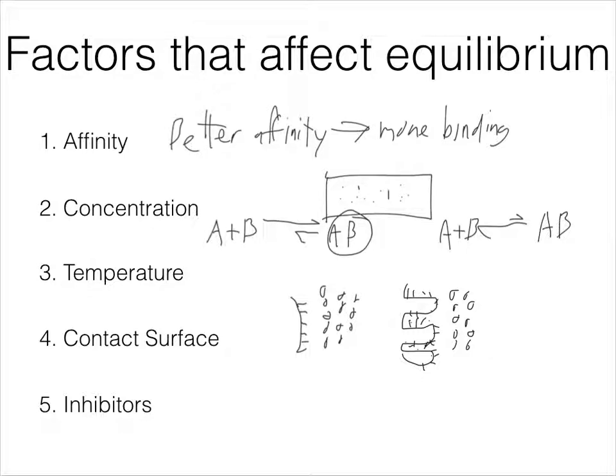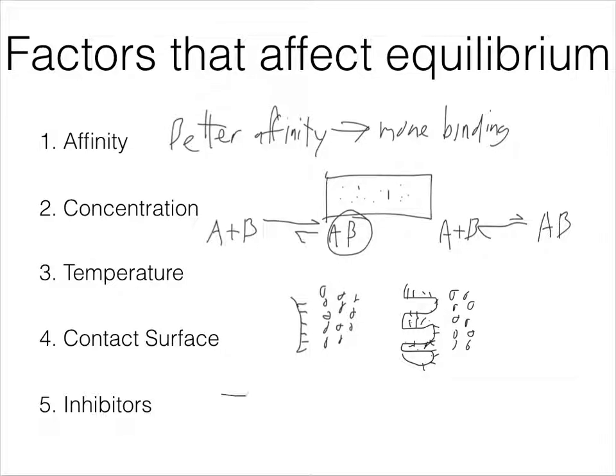Last, there are inhibitors, right? So there are several different types of inhibitors, but one common type of inhibitor is something that's going to basically bind to your receptor, but not activate it and not let anything else bind to it.